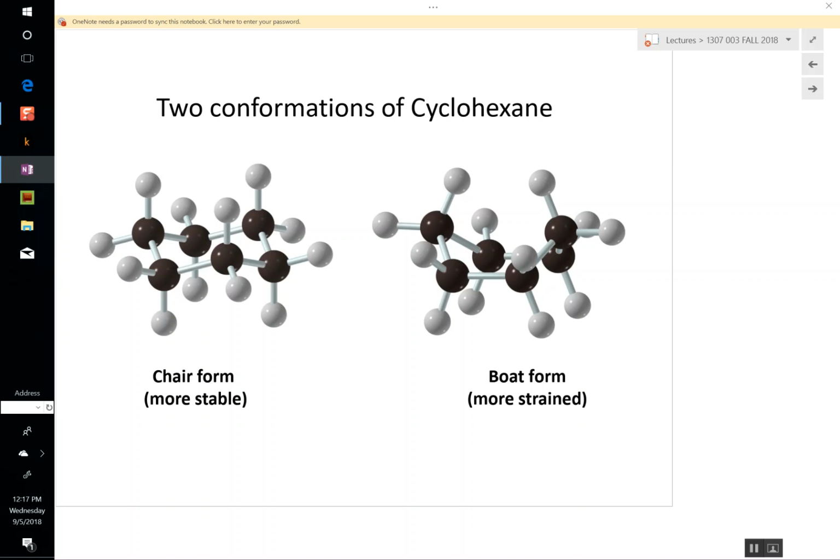Any molecule that has 2 names, we won't learn every single one of them, but the ones that are common names that you should know, I'll point them out as we go through each chapter.